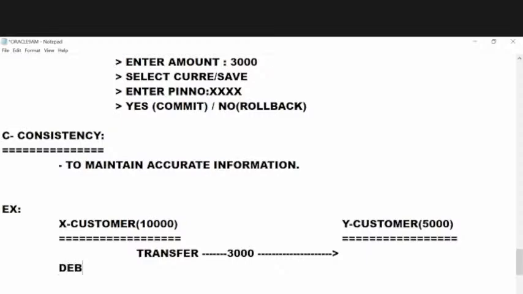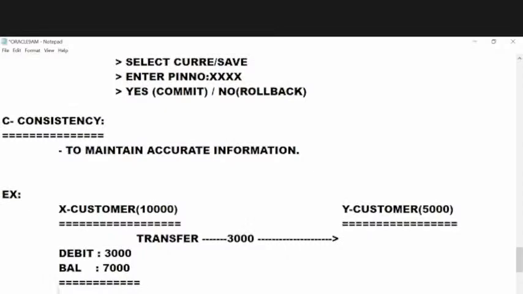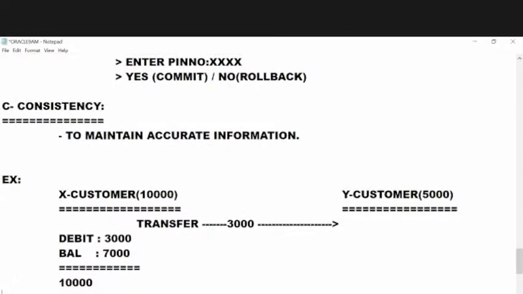Debited. So debit amount, how much? 3,000. And balance amount, how much? 7,000. Then debit amount plus balance amount, total 10,000. Is it satisfied?